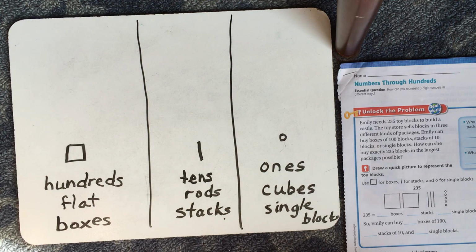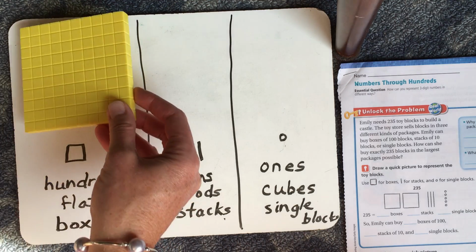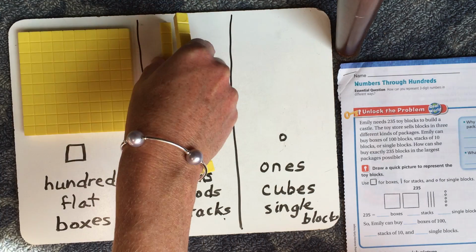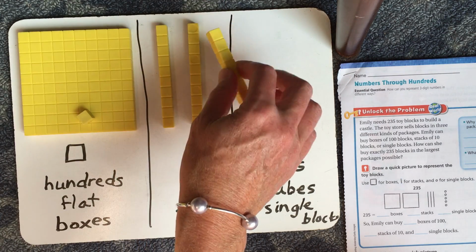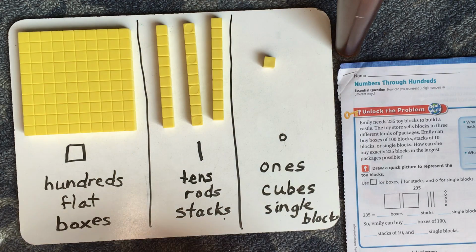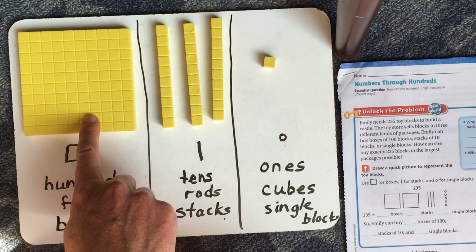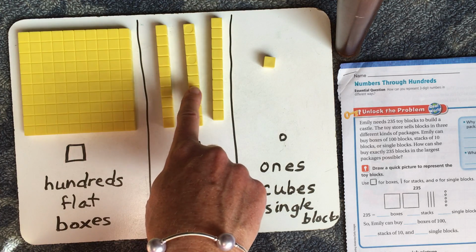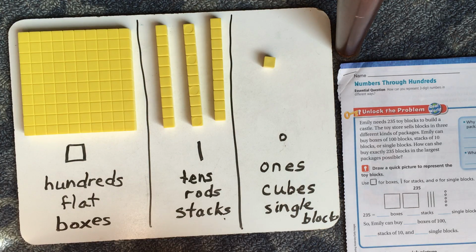Okay, let's do one other quick one together. Let's say that I have a flat, they call it a box. I have three stacks, and I have one single cube. What's my number? My number is 131. 100, 10, 20, 30, 131.